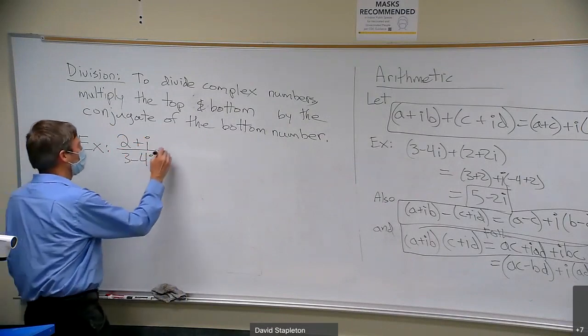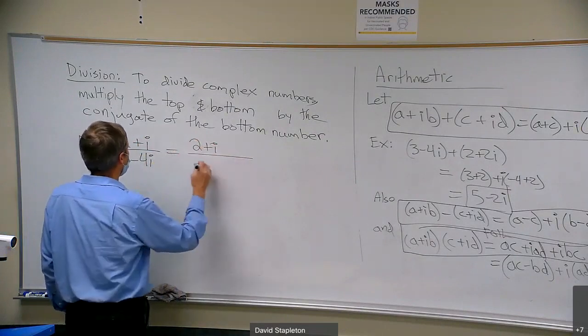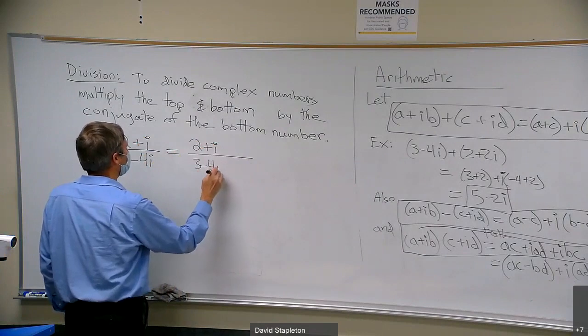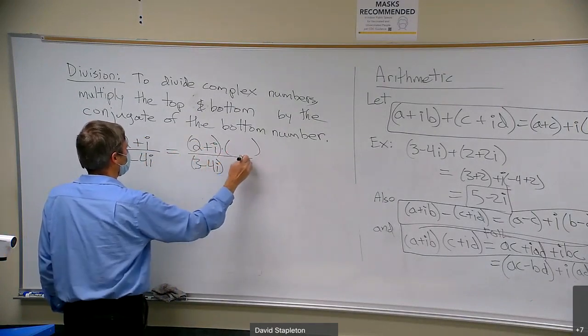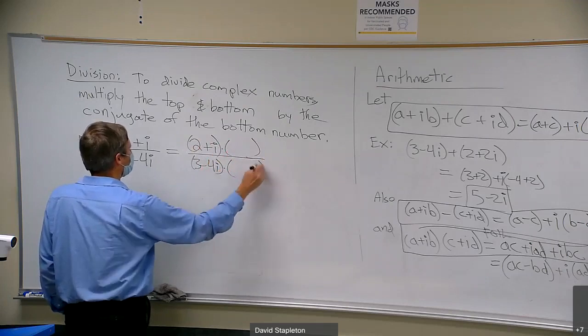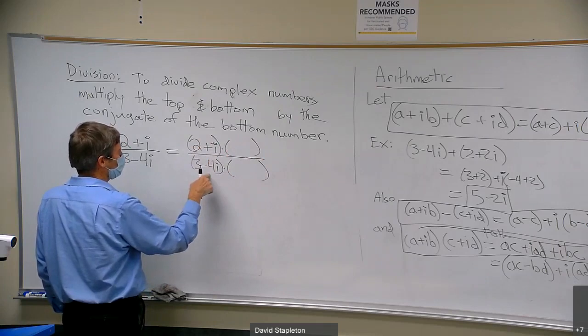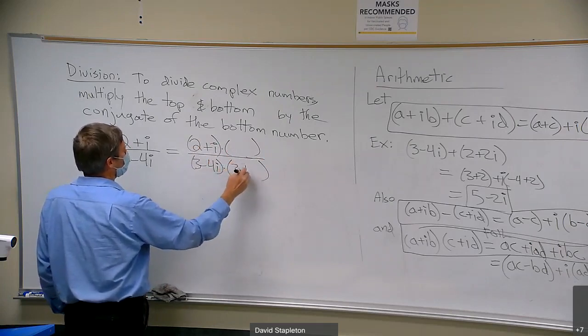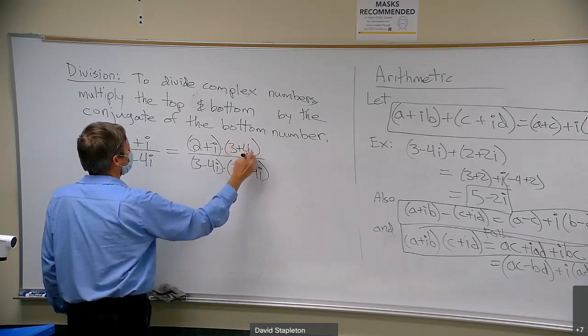What you can do is write it again, but multiply the top and bottom by the same number so it doesn't change the quotient. But make that number the conjugate of whatever's in the bottom. 3 minus 4i has conjugate 3 plus 4i, nothing more than that. Multiply top and bottom by the same number, doesn't change the quotient.